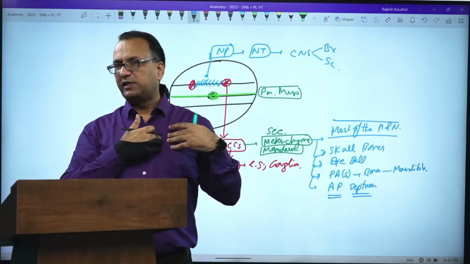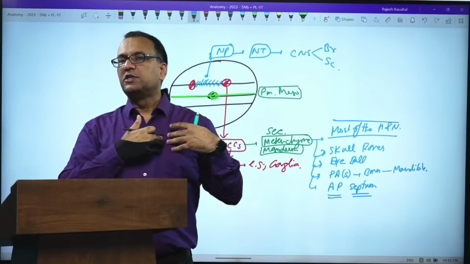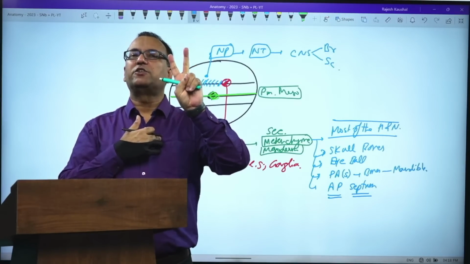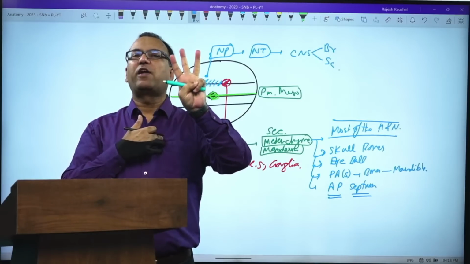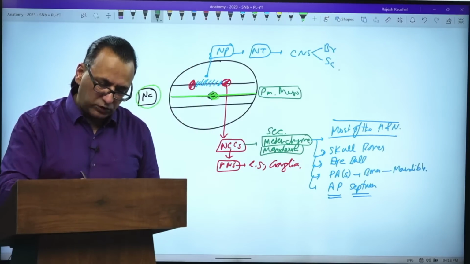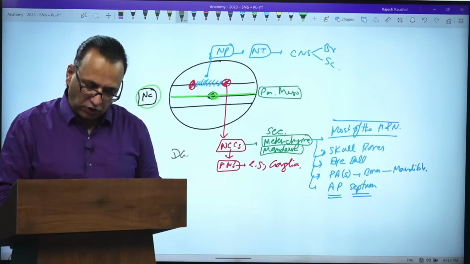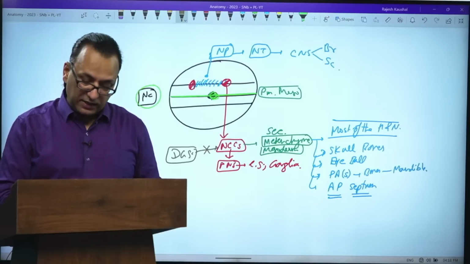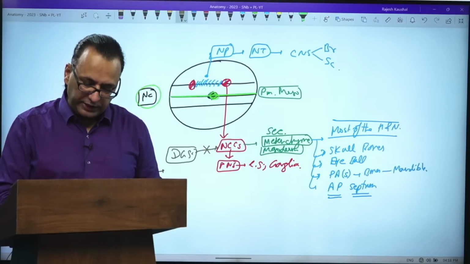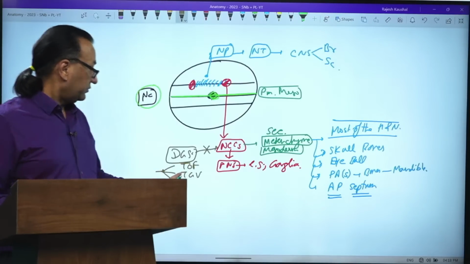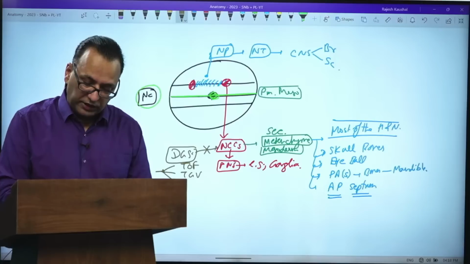AP septum anomalies like what? Tetralogy of Fallot, persistent truncus arteriosus, or it could be transposition of great vessels. So if we are talking about this DiGeorge syndrome, it is a problem of neural crest cells, and there can be AP septum anomalies like tetralogy of Fallot or transposition of great vessels or persistent truncus arteriosus.